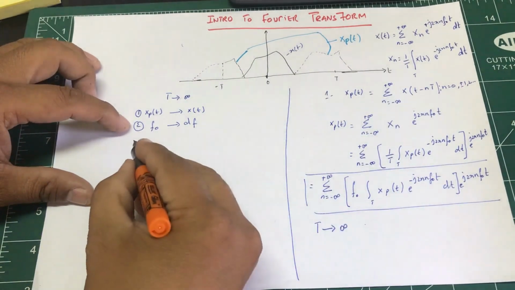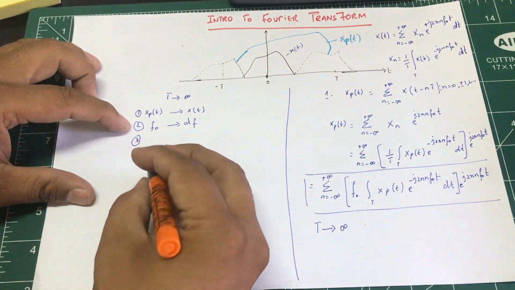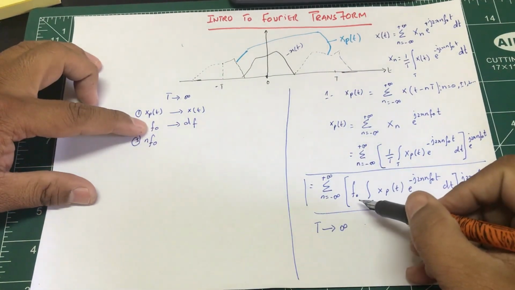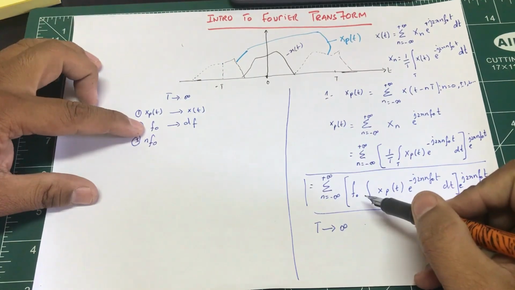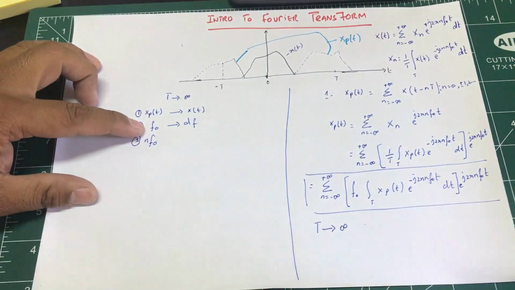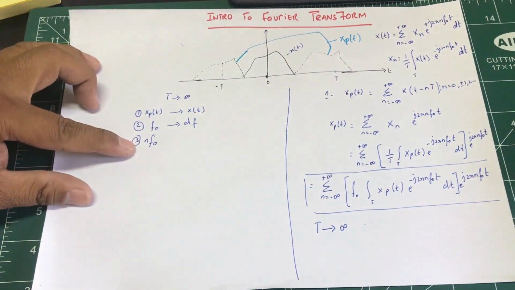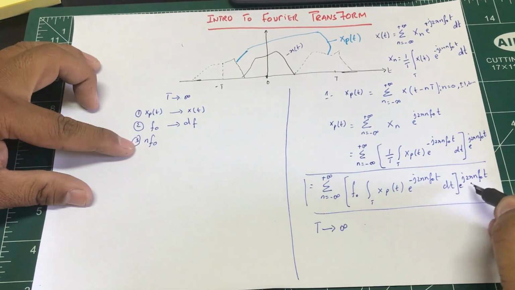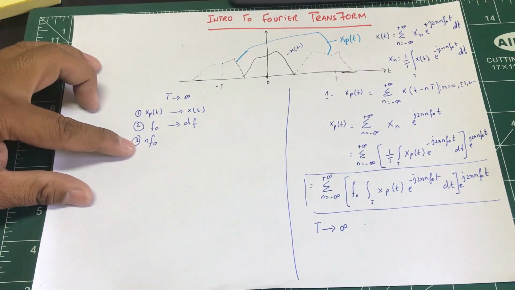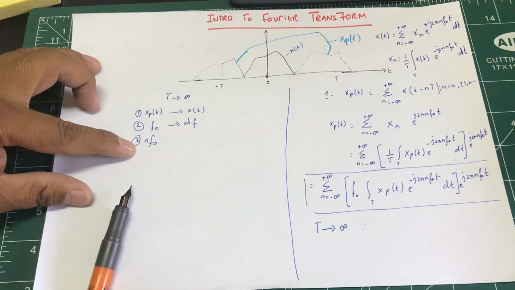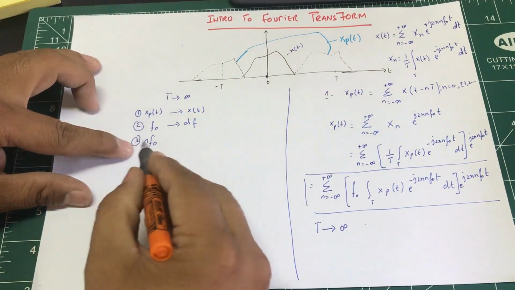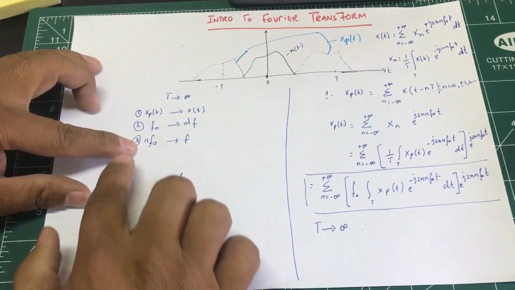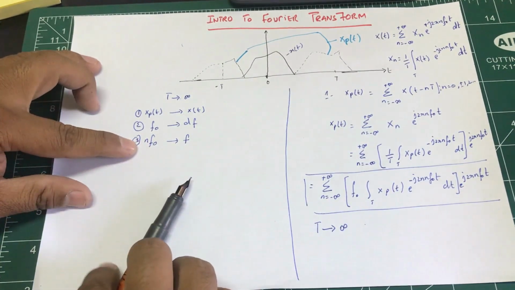Now, what will be the third thing? These n f0, this f0 corresponds to this term. I hope you're getting it. This is very important. And these n f0 are on top of these kernels. What that means is these n f0 will convert into f.